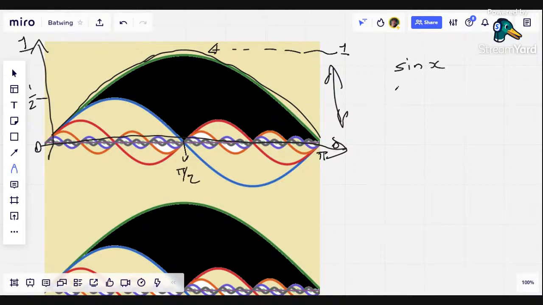So the next one is 1/2 of sine of 2x, and the next one is 1/4 of sine of 4x, and so forth. So this number down here is always going to be the same as that number there. Okay, capiche? We're all good with this?